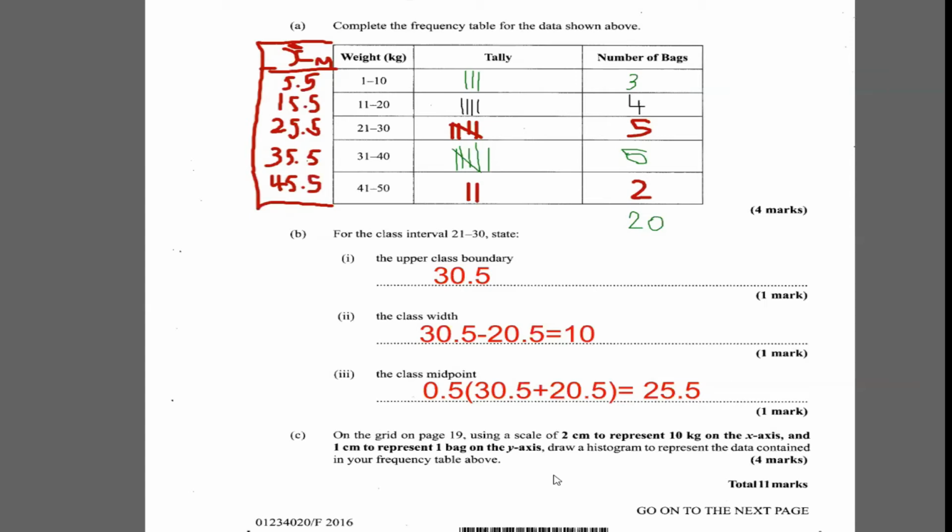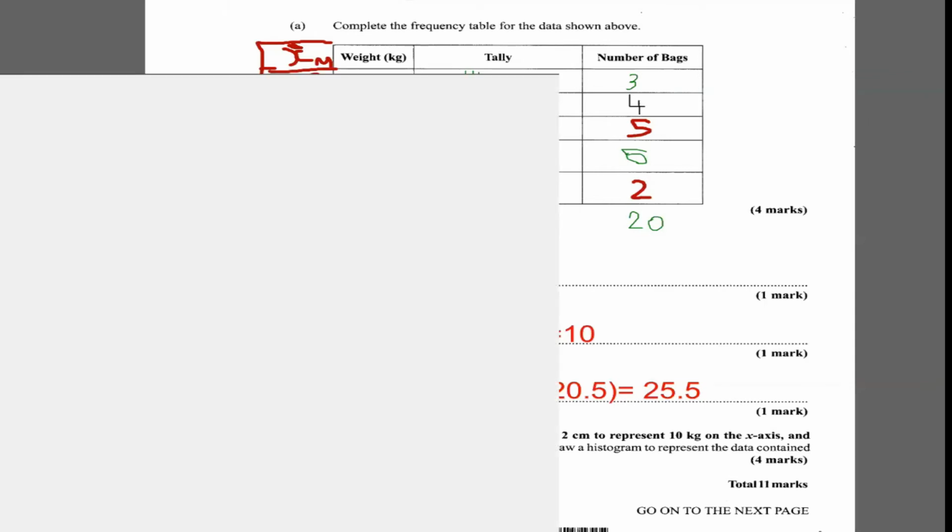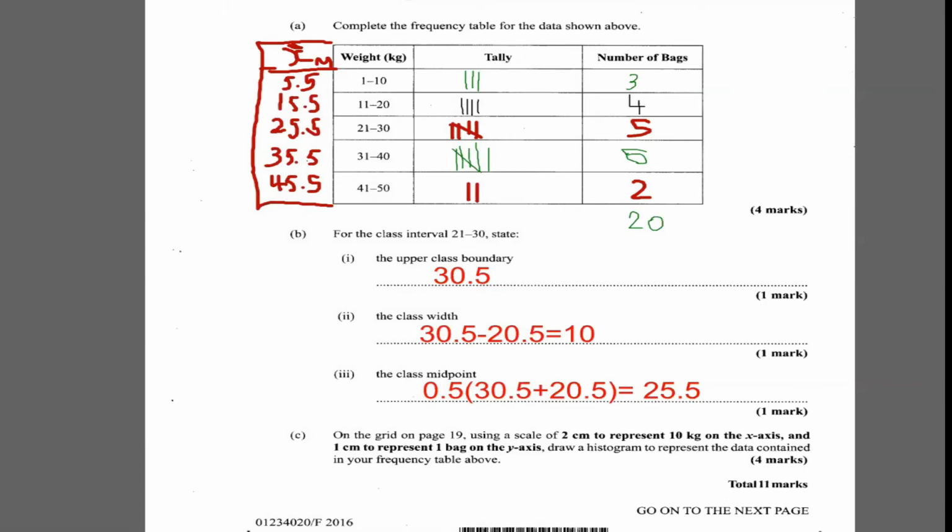Now it says on the grid on the next page, it wants us to draw a histogram representing the data. So we'll plot midpoint against frequency. This is going to go on the y-axis and this on the x-axis. So let's go ahead and plot that now.